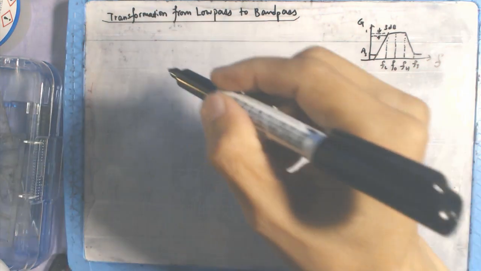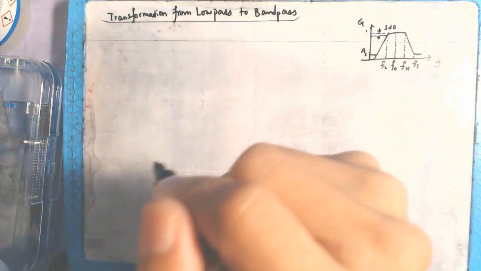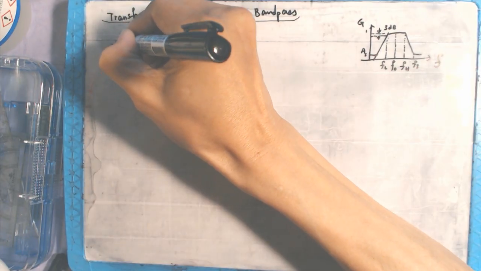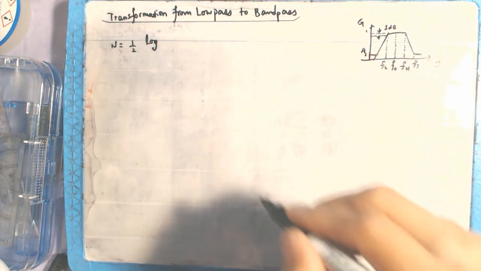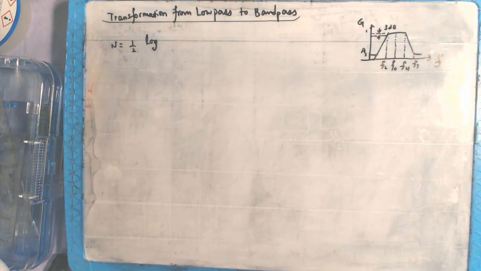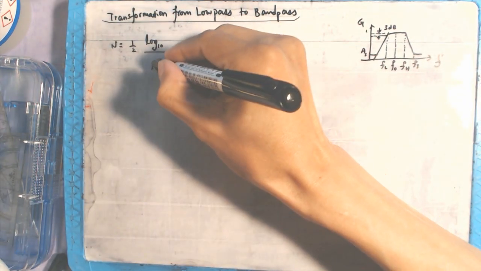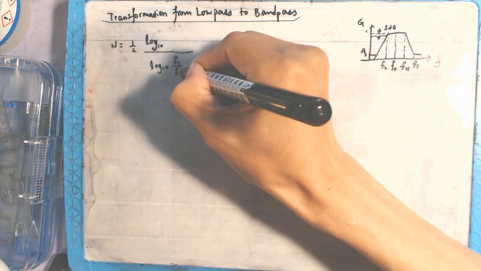For example, if you are designing a Butterworth filter, you know the formula for Butterworth is n given by a half and then log, and then some formula, I cannot remember, but it should be log 10 and then the stop band frequency and pass band frequency, or maybe F naught.